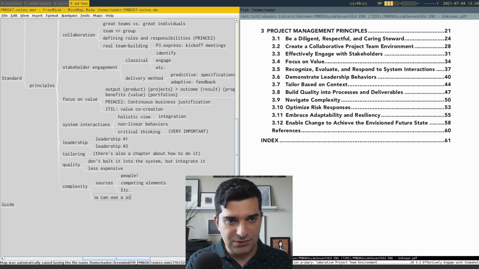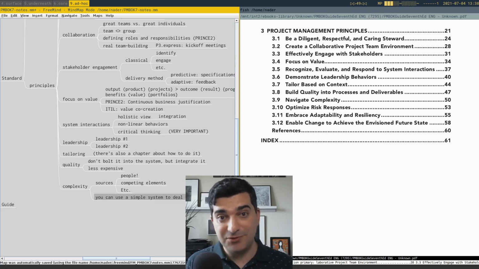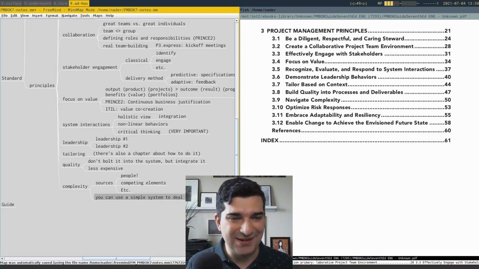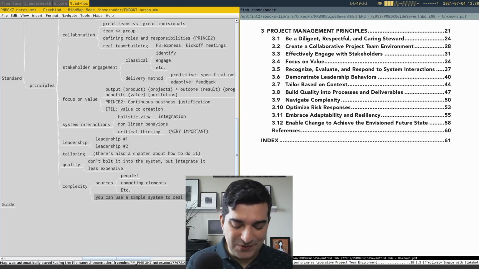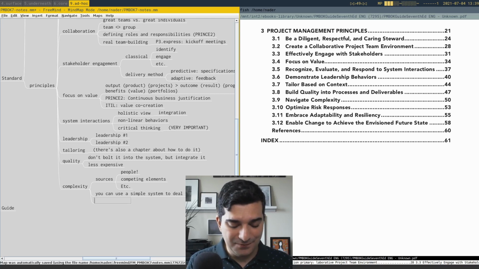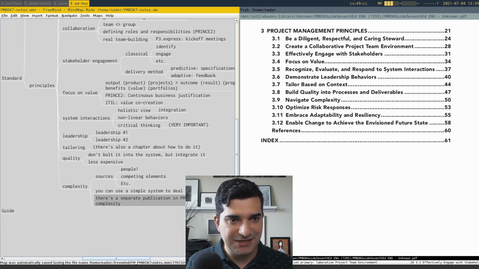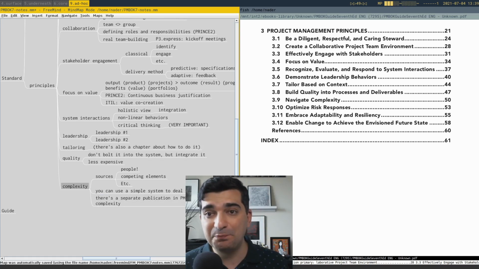How do you do that? That's the part that needs creativity and experience and so on. But one thing that is important here is that there's also a separate publication in PMI about navigating complexity. Take a look at it. Maybe it's useful to you.